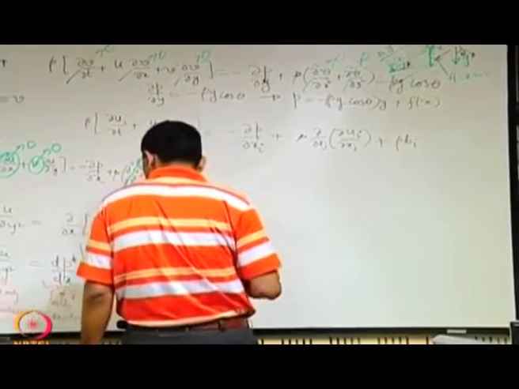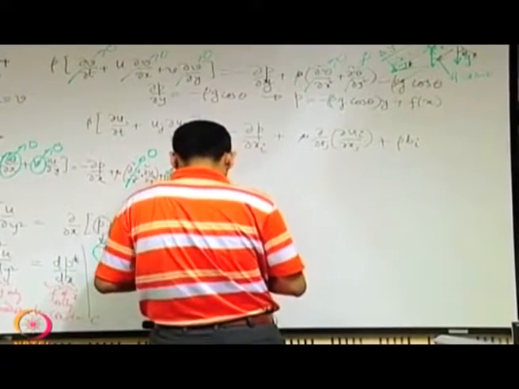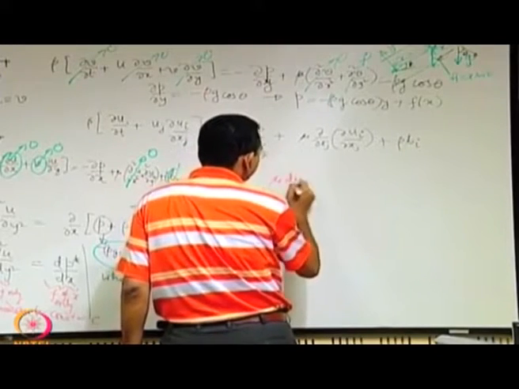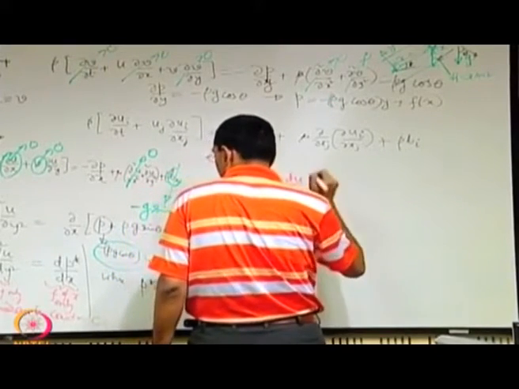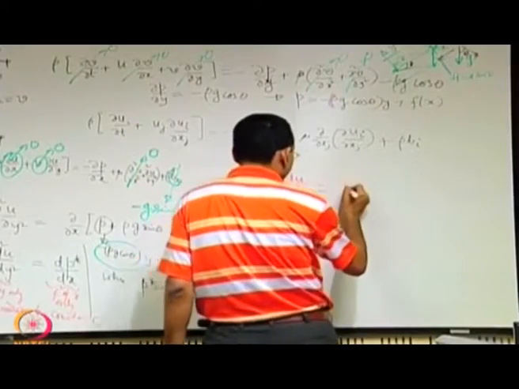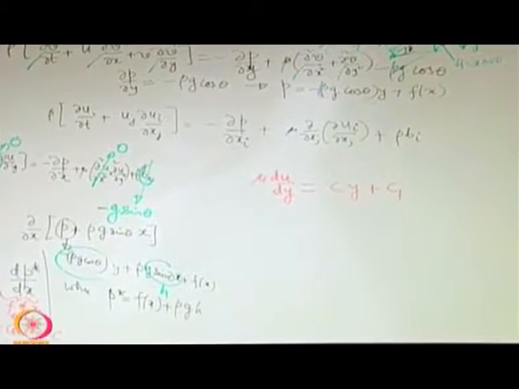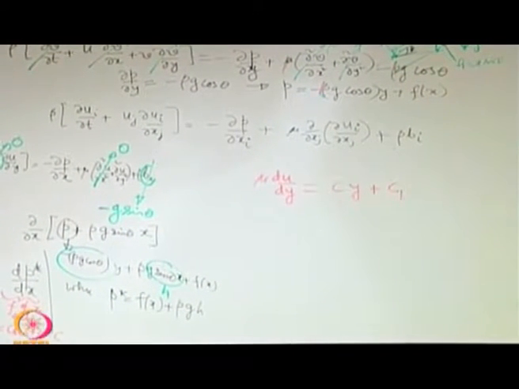So if we integrate it with respect to y, you have mu du dy is equal to cy plus c1, right. Now let us fix up a domain in which we want to solve our equation.